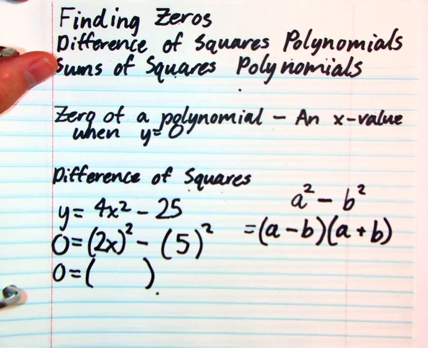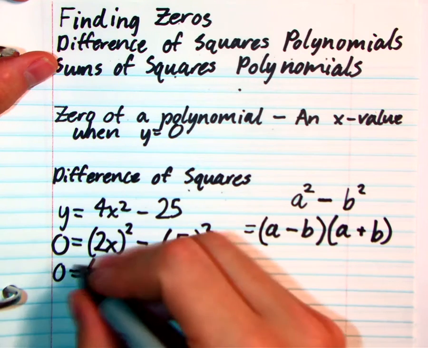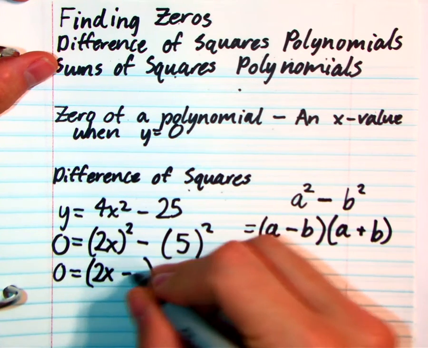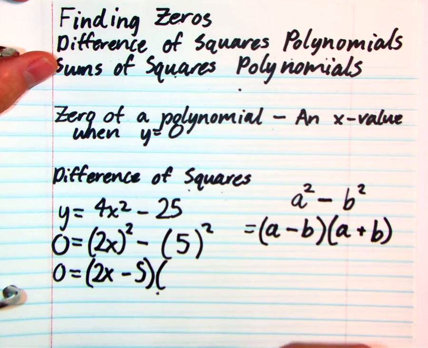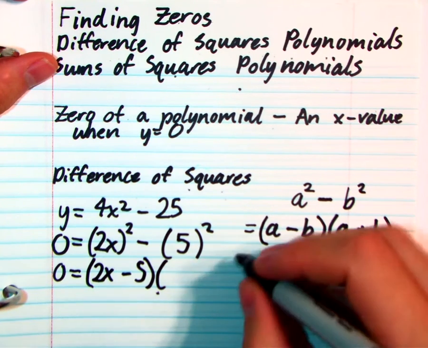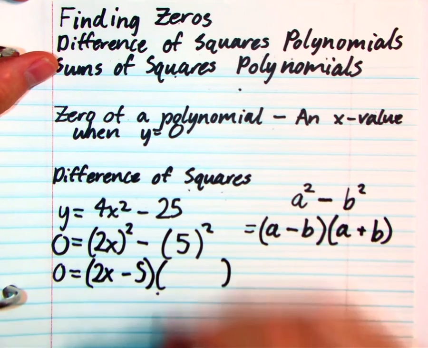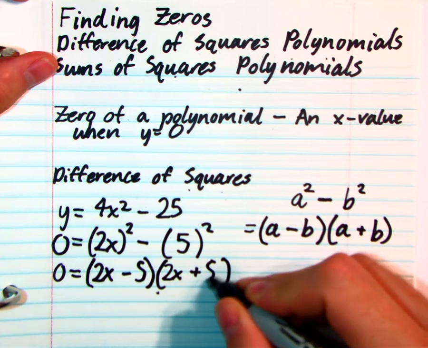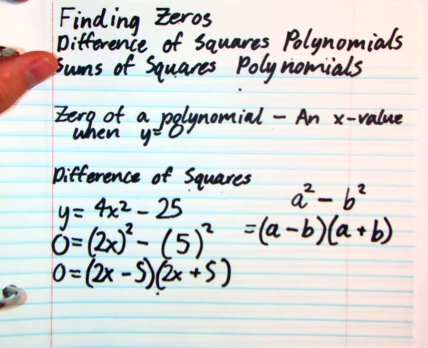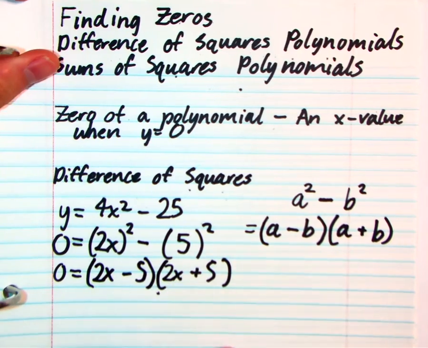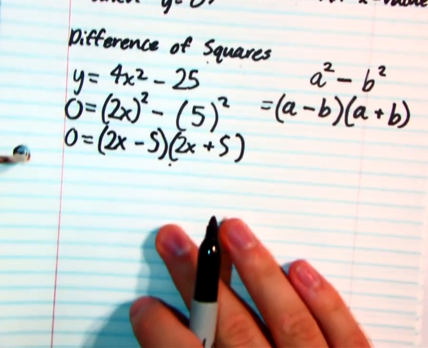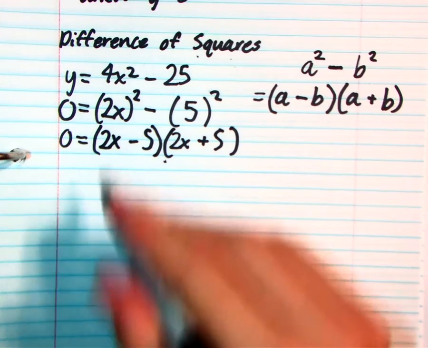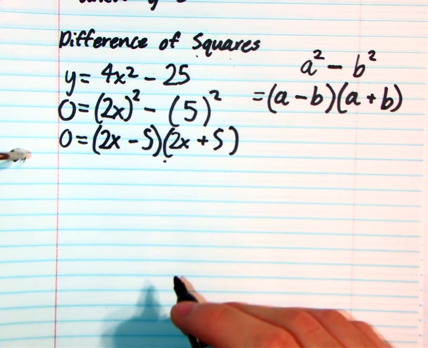In my first parentheses, I've got a minus b, so that's 2x minus 5. And in the second parentheses, I've got a plus b, that's 2x plus 5. So there are my factors. Now, once I've found my factors, I can solve this equation independently.